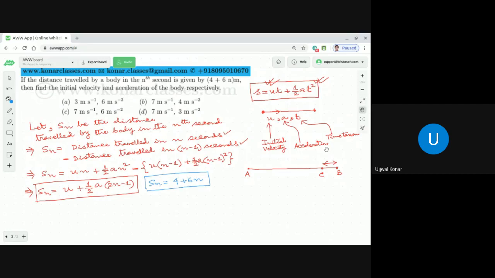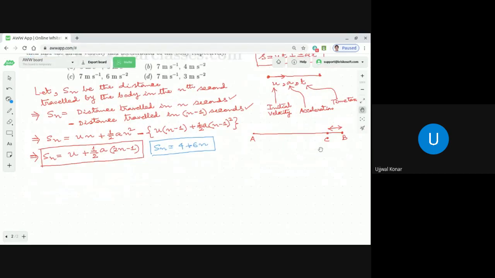Okay, so here comes the identity. If you recall, dear students, when we discussed identity, it is going to be true for any value of x if it is an identity in x. Remember? So this will come into picture here. From here, what you can write: u plus half into a into 2n minus 1 is equal to 4 plus 6n.